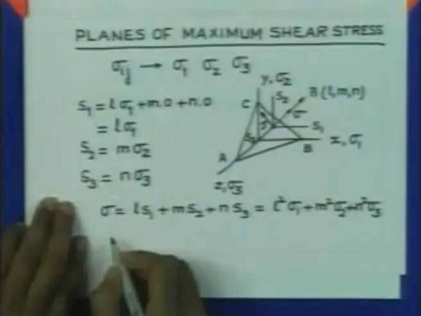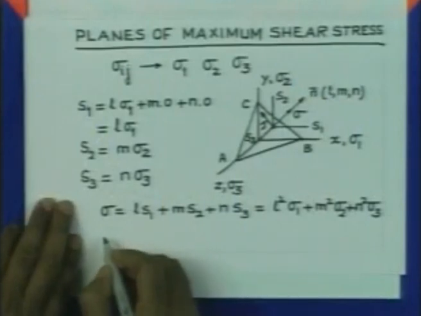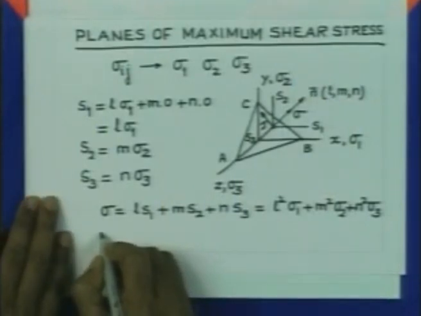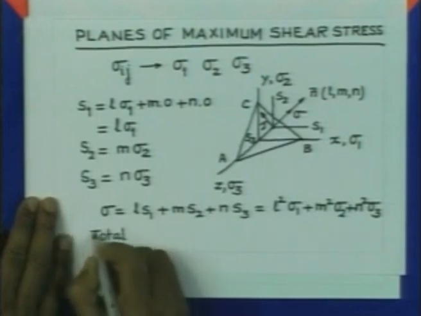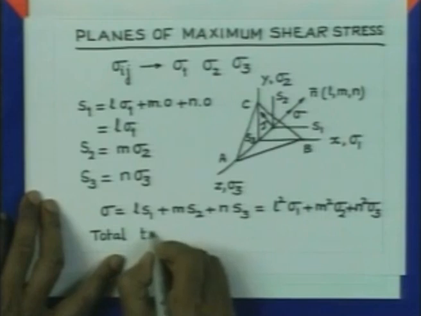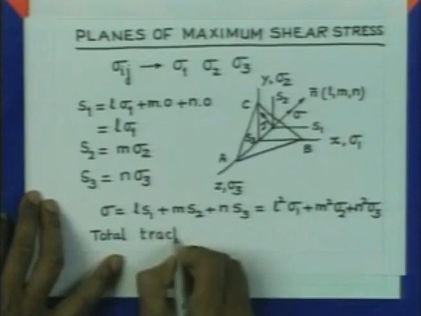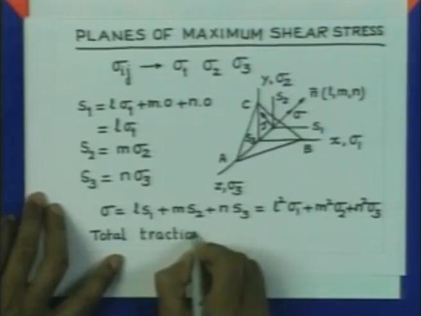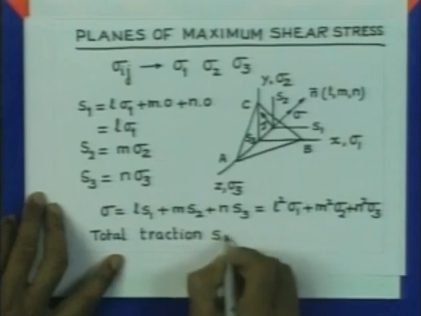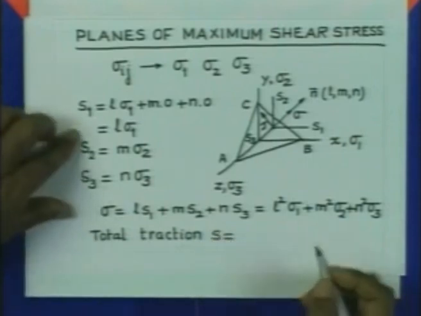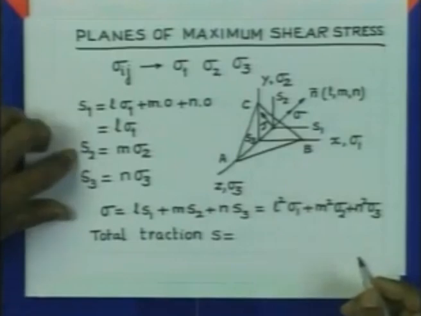Now, if we calculate the resultant of the 3 tractions, the total traction can be obtained by vectorially adding the 3 tractions.